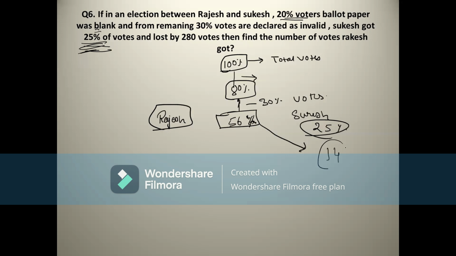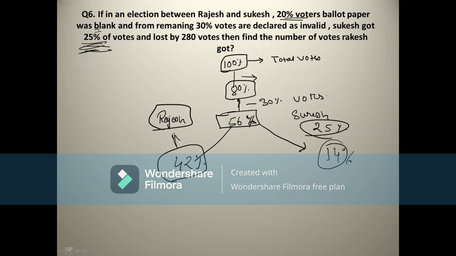So 14% will be got by Suresh. Now 56 minus 14 is 42. So 42% of the votes will be got by Rajesh, and 14% by Suresh.